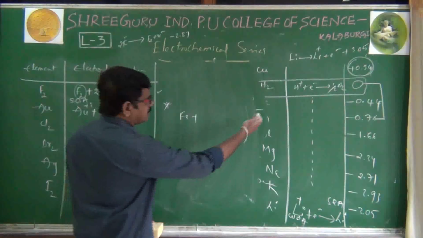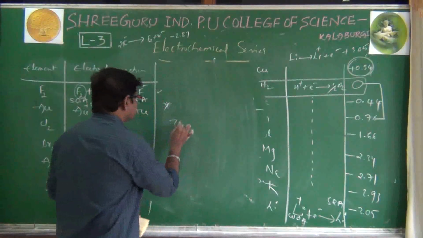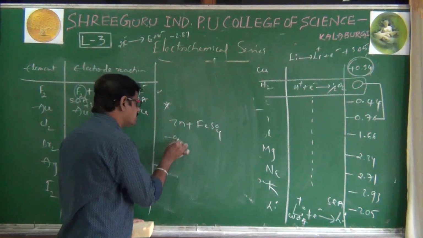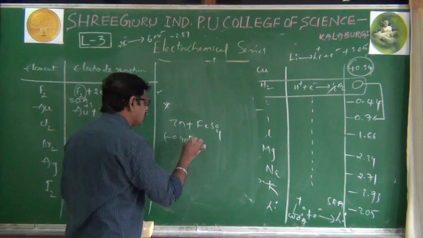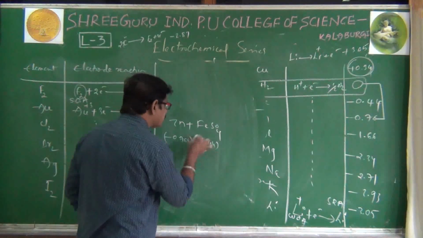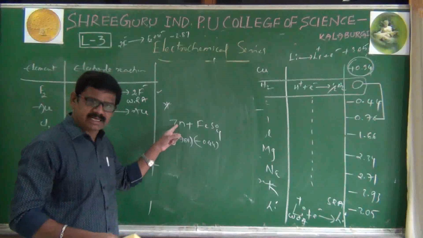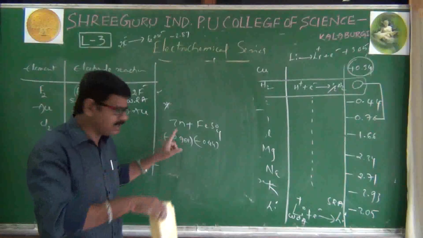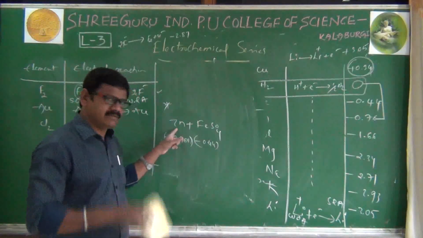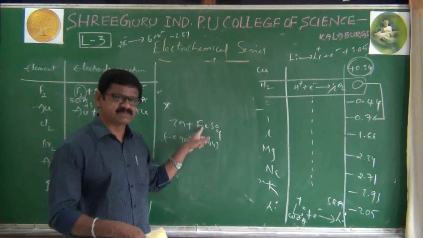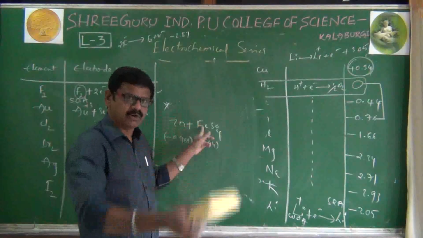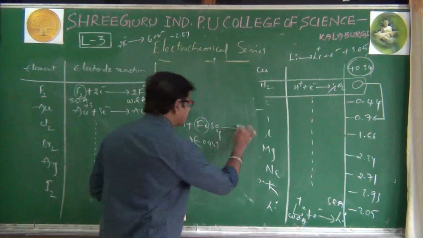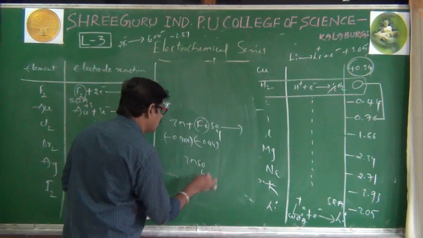Suppose Zn is reacted with FeSO4. Zinc's value is minus 0.76, iron's value is minus 0.44. Zinc is the below metal, iron is the above metal. Any metal which is below can come and displace any metal which is above from its salt solution. That's why this zinc will come, remove iron and convert it to ZnSO4 plus Fe.